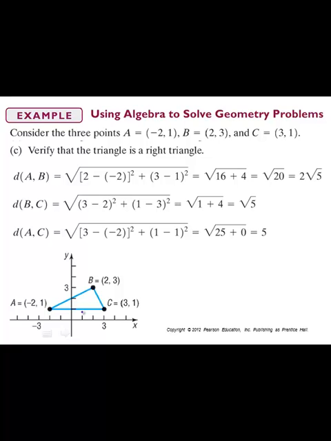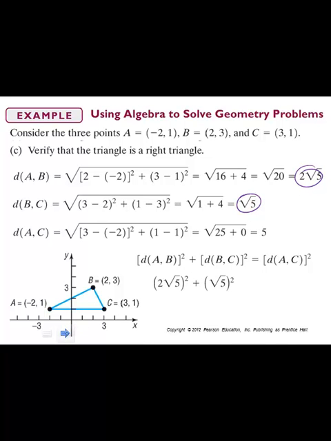And indeed, if you were to square the 2 root 5 plus the square of the square root of 5, you would get 20 plus 5, which is 25, which is 5 squared. So indeed, the sides of this triangle really do satisfy the Pythagorean theorem. So the answer is yes.